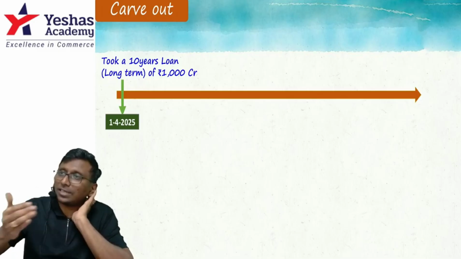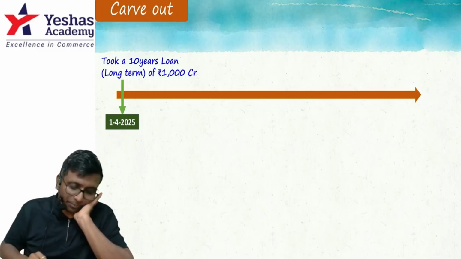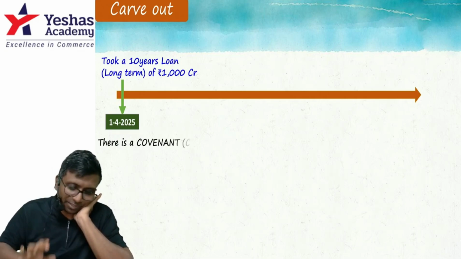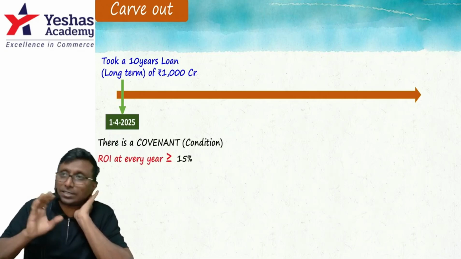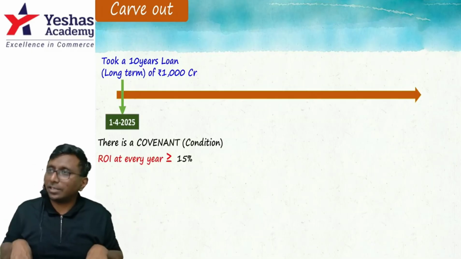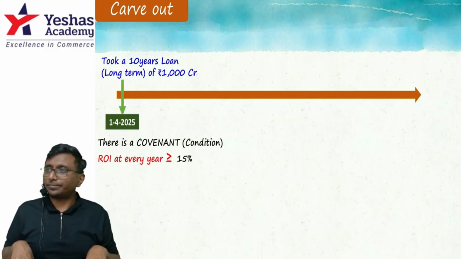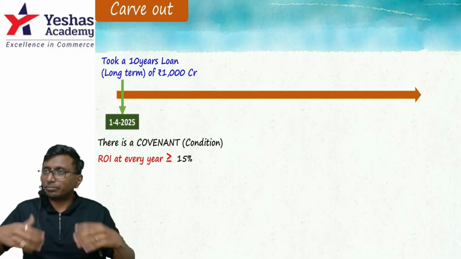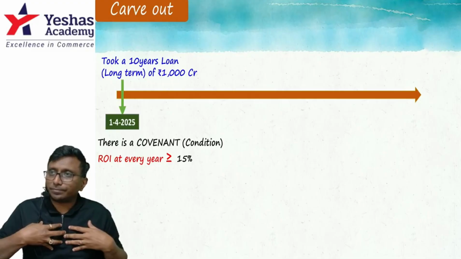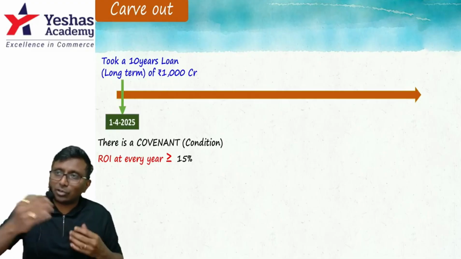Okay, long term means 10 years you take it. No problem. On which date did I take it? 1/4/2025. Fine. So there is a covenant. Covenant means conditions. Big loans will always have some conditions. What condition? Frankly speaking, I gave a loan to you, and I said 10-year loan.